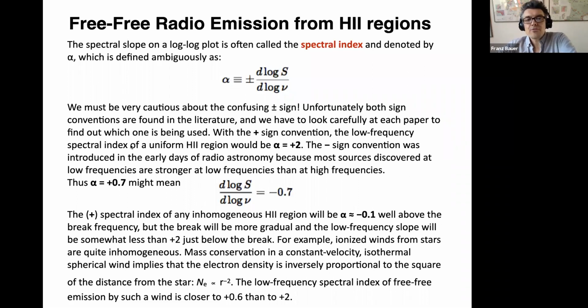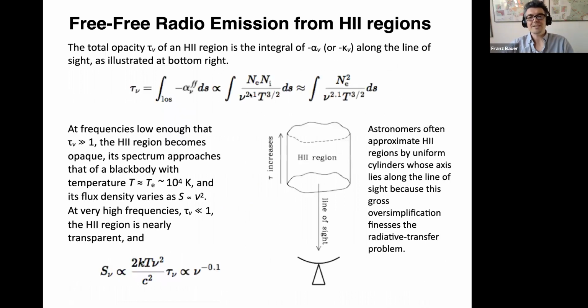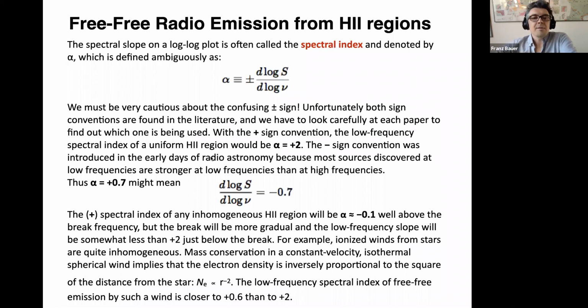So in the low frequency spectral index, if we have a uniform H2 region, the slope should roughly go as plus 2. This alpha, where we have a negative sign here, so it should be nu to the minus alpha, right? So coming back to here, nu to the minus alpha, so alpha here would be 2.1.